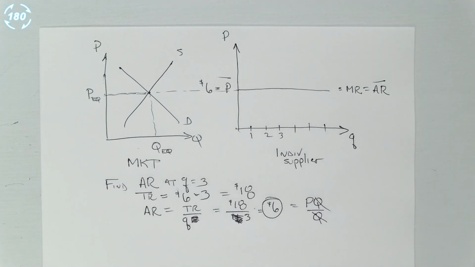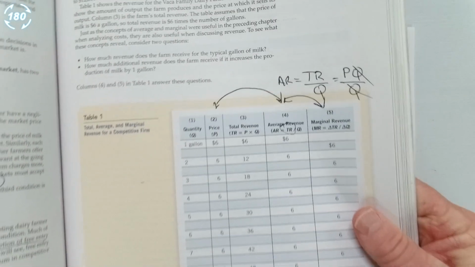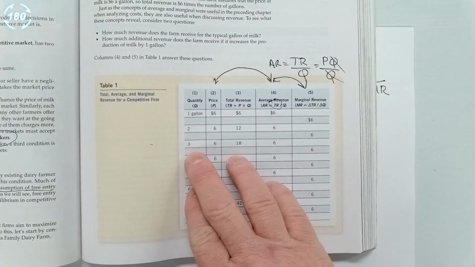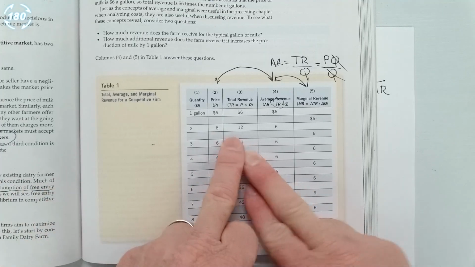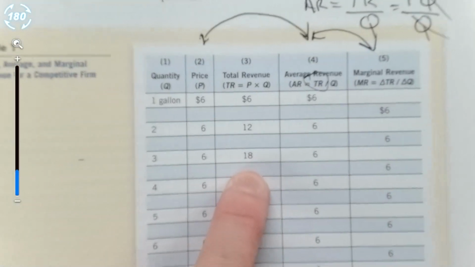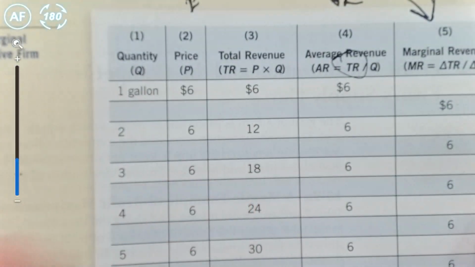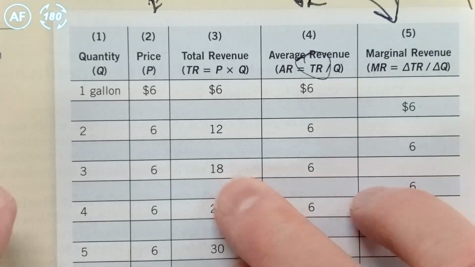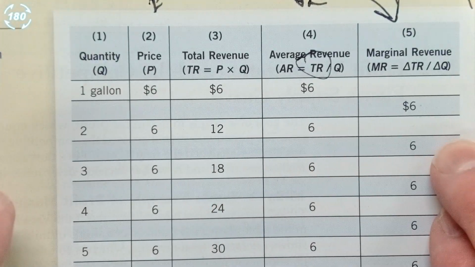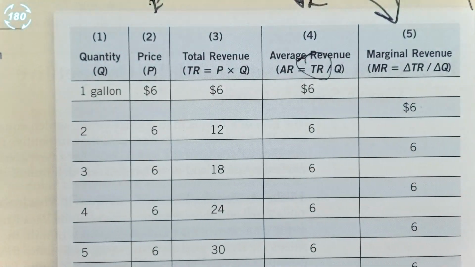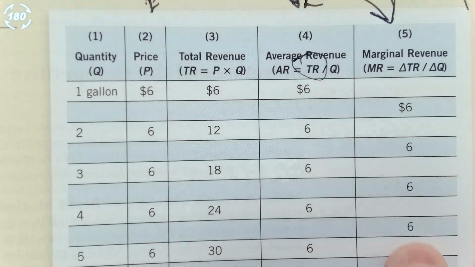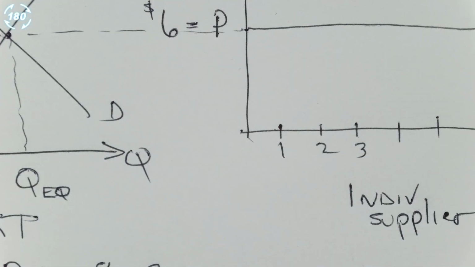Also, we can do numbers here in the table, but it doesn't matter. We did this one here in that little computation. But the marginal revenue associated with the third unit is also 6 for this same reason. If you build this table out, it's going to be the same. So this numerically shows what we're observing in our graph.